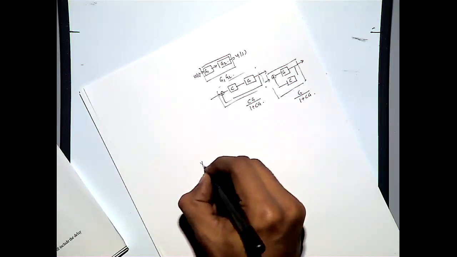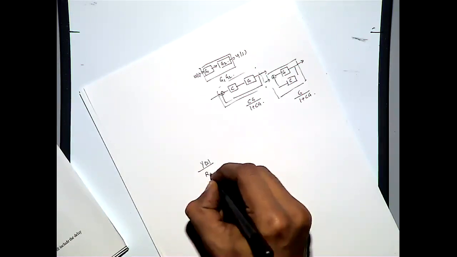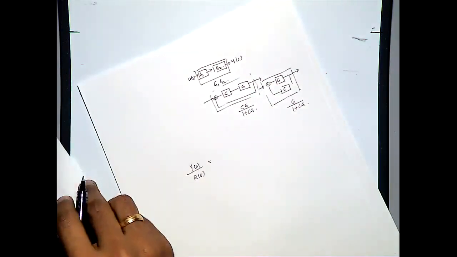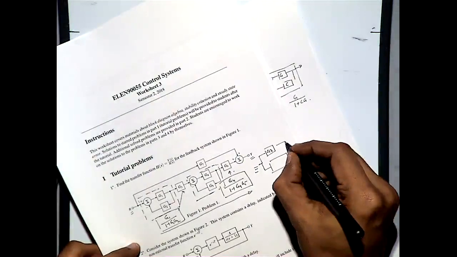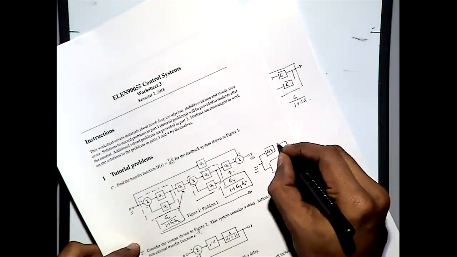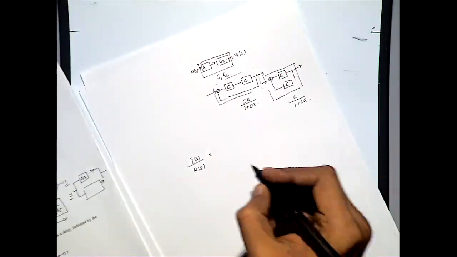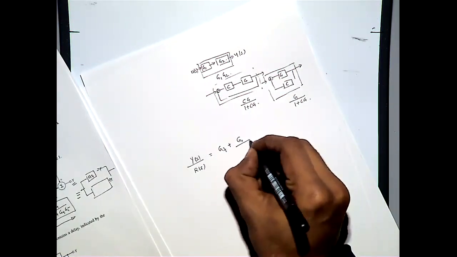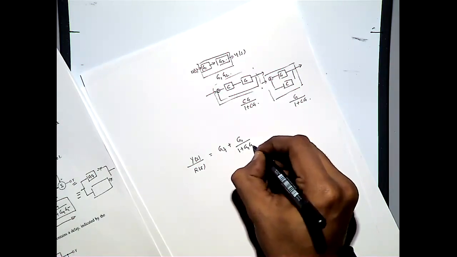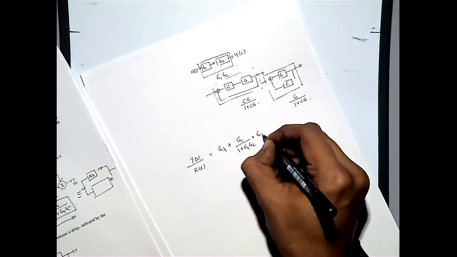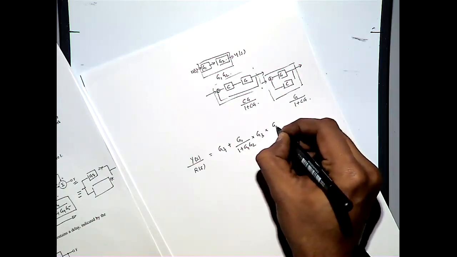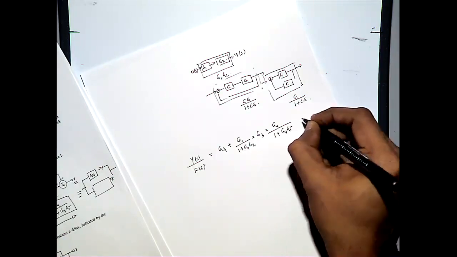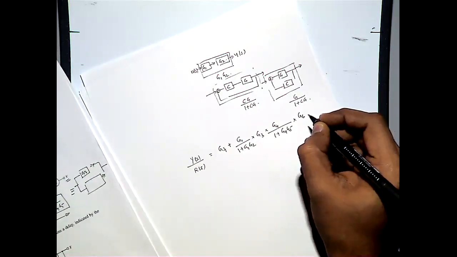my output Y(s) by input R(s) equal to, I can see that this will be the sum of these two blocks, right? Which will be G7 plus G1 divided by 1 plus G1 G2 times G3 times G4 divided by 1 plus G4 G5 times G6.